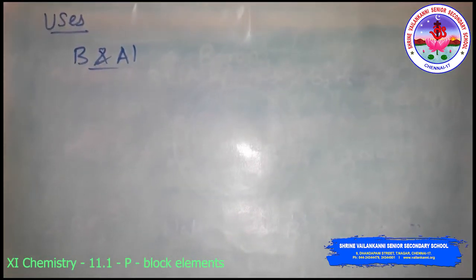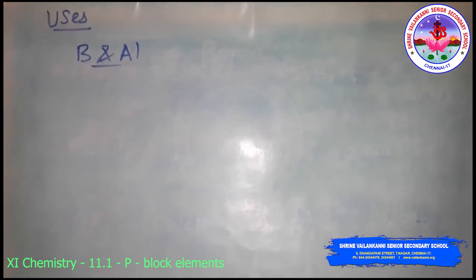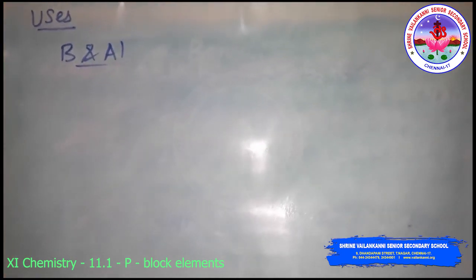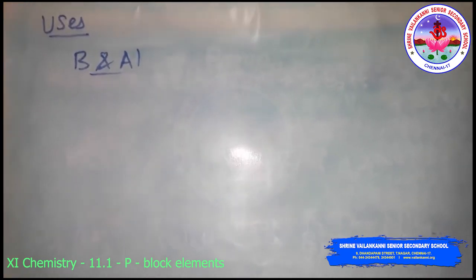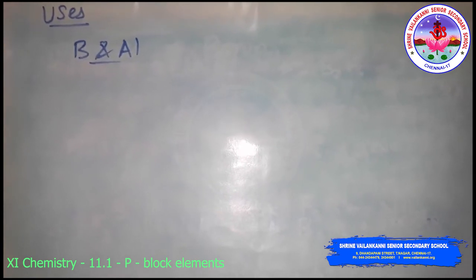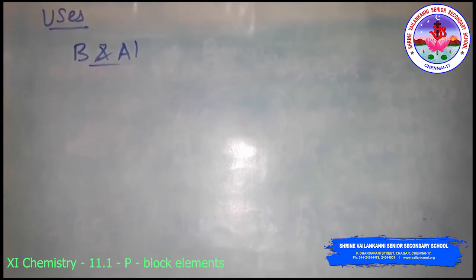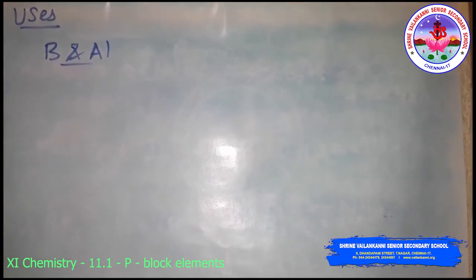Uses of boron and aluminum and their compounds. Boron is an extremely hard refractory solid of high melting point, low density and very low electrical conductivity. So it finds many applications, like boron fibers are used in making bulletproof vests and light composite material for aircraft.